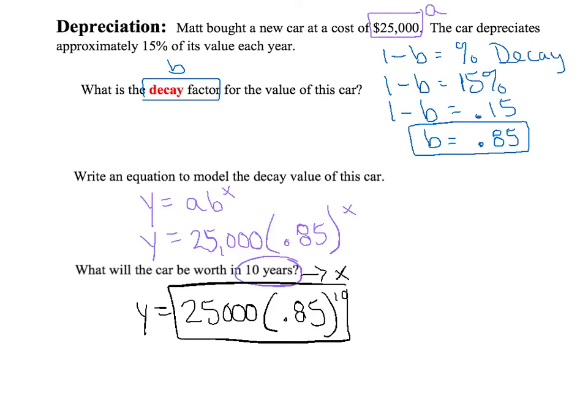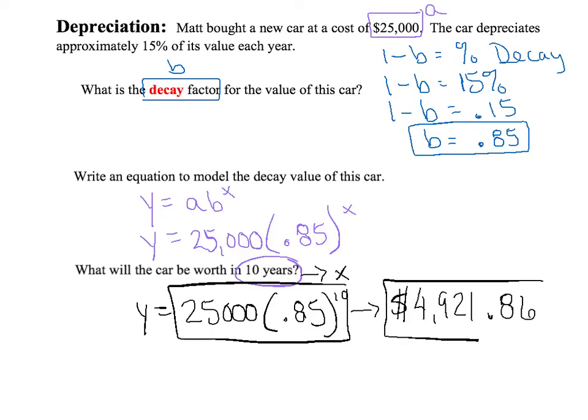Anytime we're talking about money and they didn't specifically tell me where to round, we'll just go to the nearest cent. Seems like the most common sense thing to do. I ended up with $4,921.86 as the predicted value of his vehicle 10 years from now if it depreciates at a rate of 15% each year. So there it is.